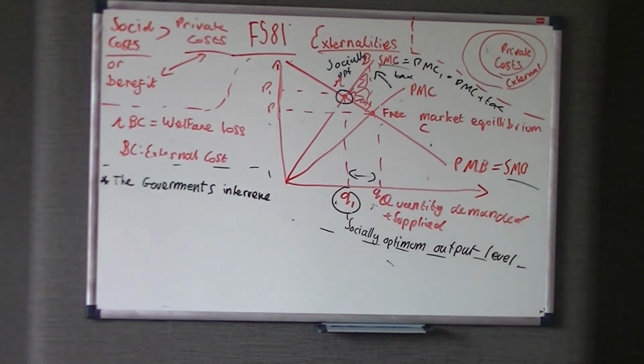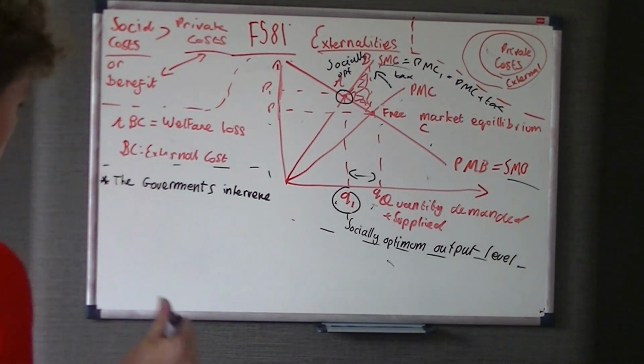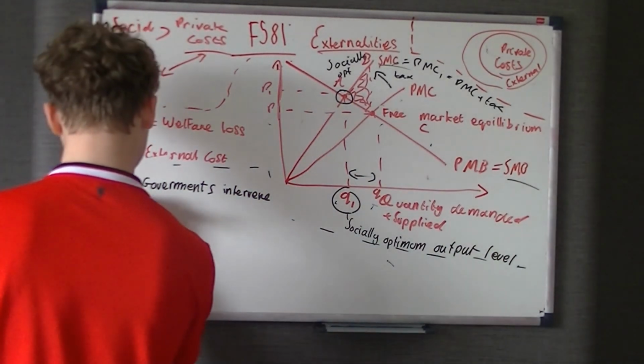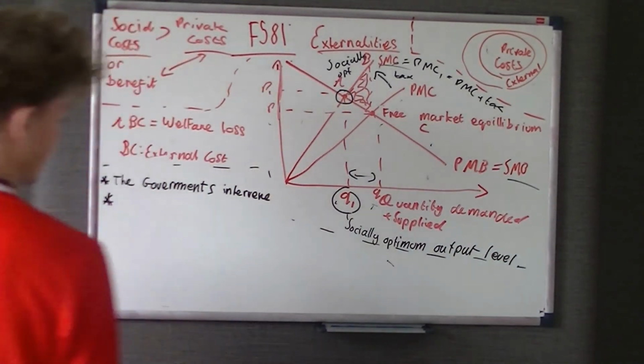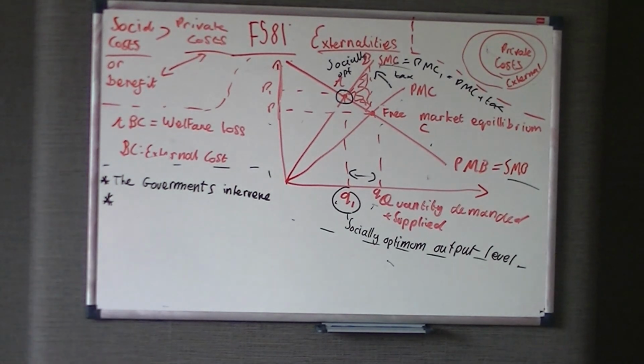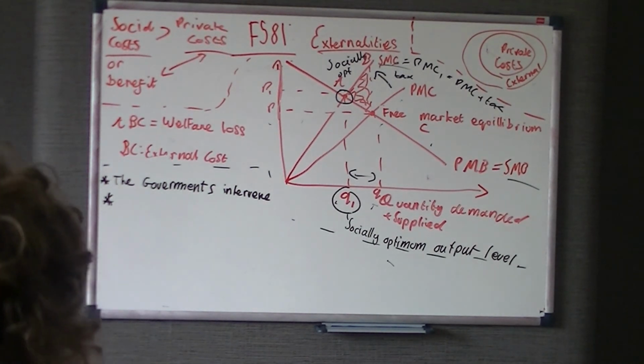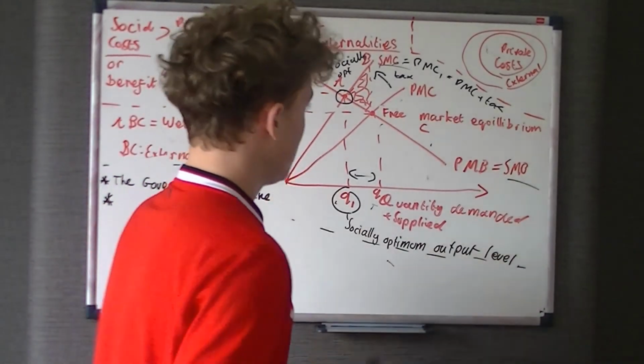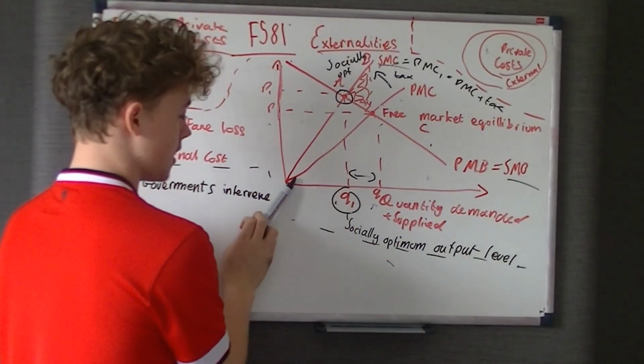So, we've talked about the government intervening. So what's our next paragraph? Well, our next paragraph is the result on the diagram. So what does this PMC curve shift to?